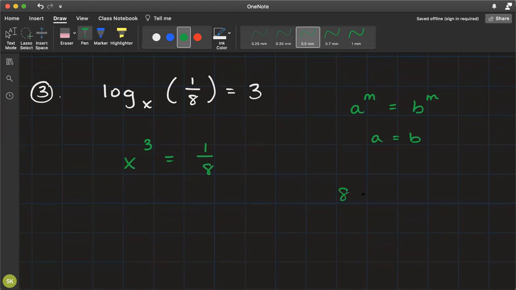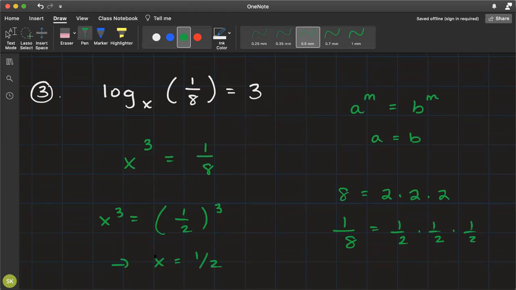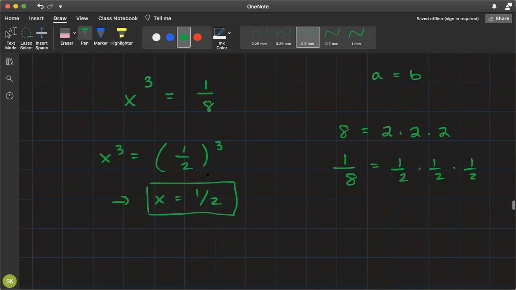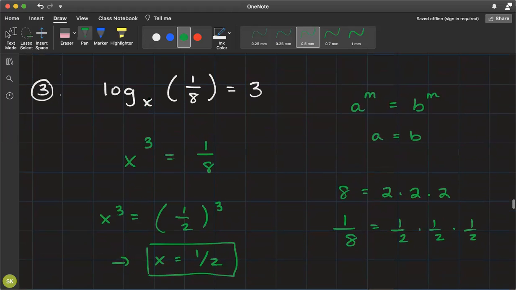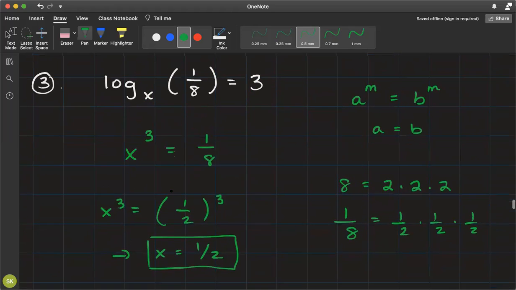Notice that 8 is 2 times 2 times 2. So 1 over 8 is 1/2 times 1/2 times 1/2. So x cubed is 1/2 cubed. So then x is equal to 1/2. And again, you can double check this. 1/2 to the power 3 is 1 over 8.